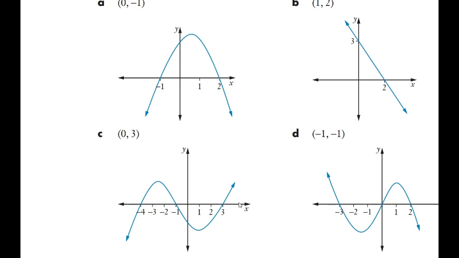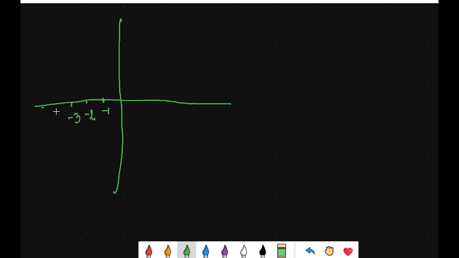So let's take this graph. It's 1, 2, 3, 4, and then 1, 2, 3, and this is supposed to go through 0, 3. Okay, so let's go back to our blackboard. I'm going to draw how the derivative graph is going to look. Y-axis, x-axis, and this is -1, -2, -3, and -4.